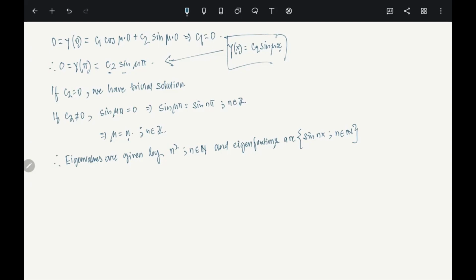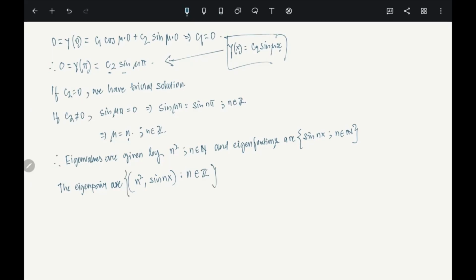So you see, these are the things. Essentially what we can say is the eigenpair. An eigenpair is the eigenvalue with its corresponding eigenfunction. So the eigenpair is n square, sine of nx, where n is in Z. I think that will be more appropriate.